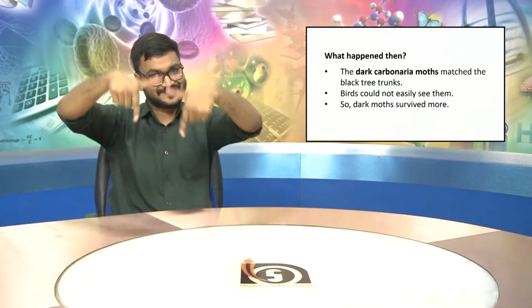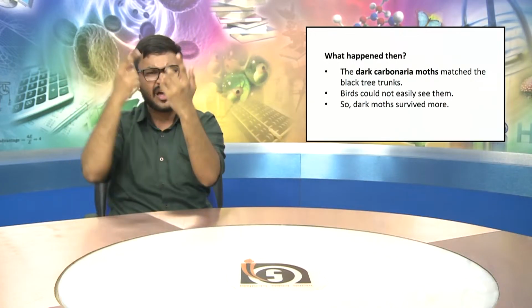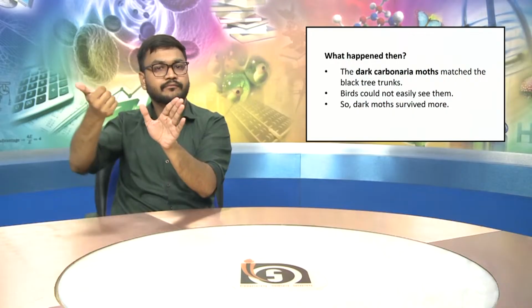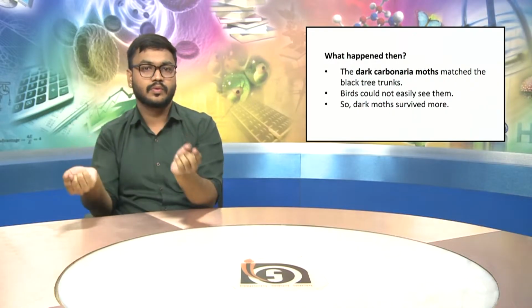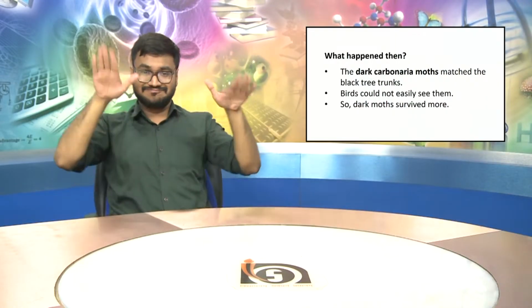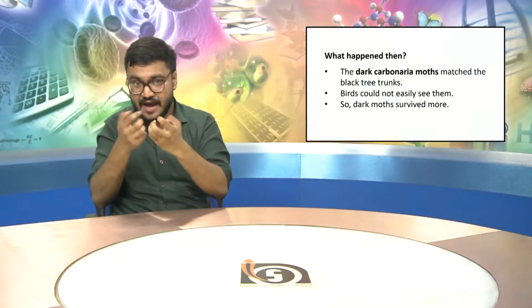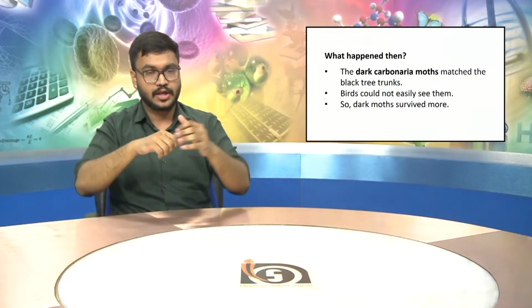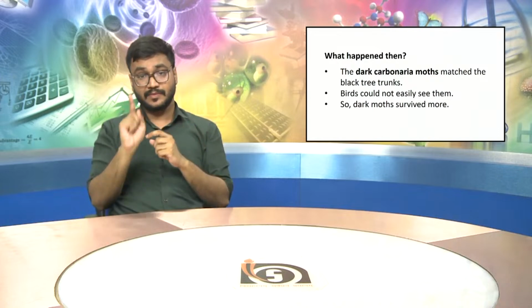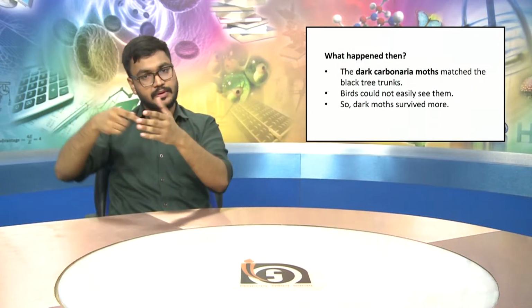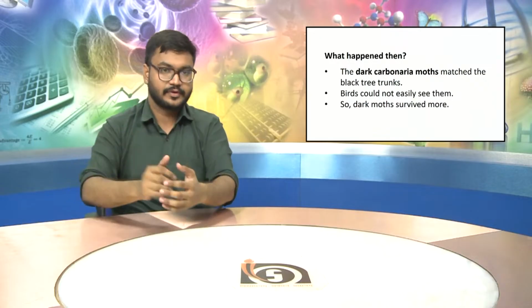Then what happened? The dark Carbonaria moth matched the black tree trunk. Birds could not easily see them, so dark moths survived more. And the light Typica moth went extinct slowly.